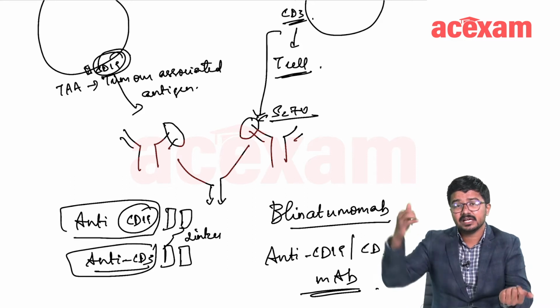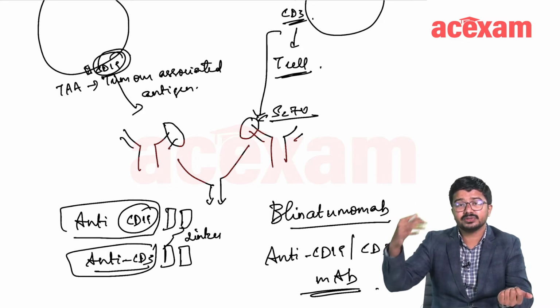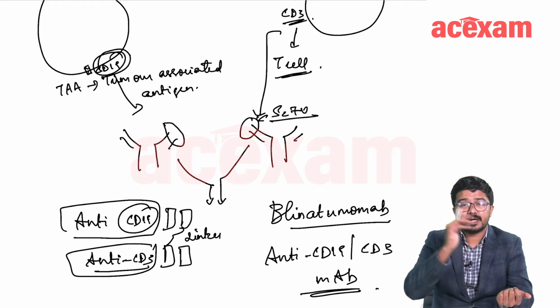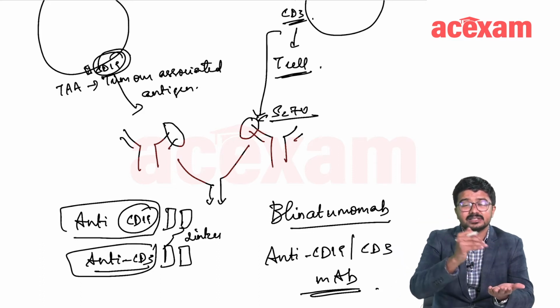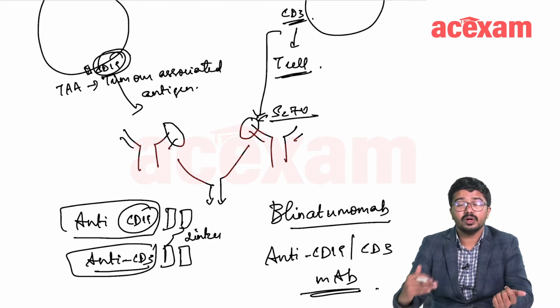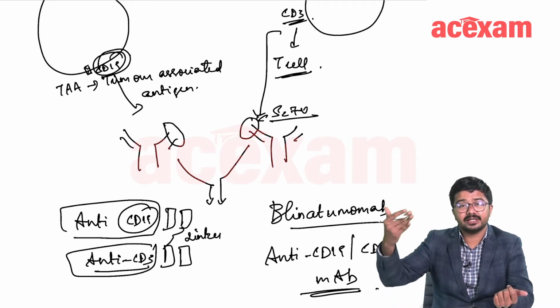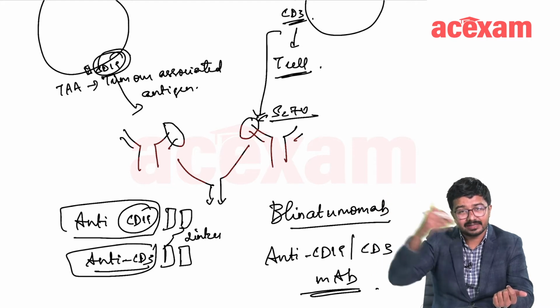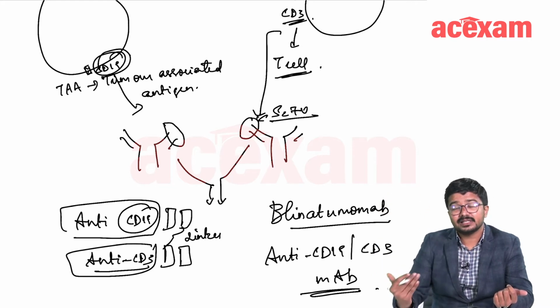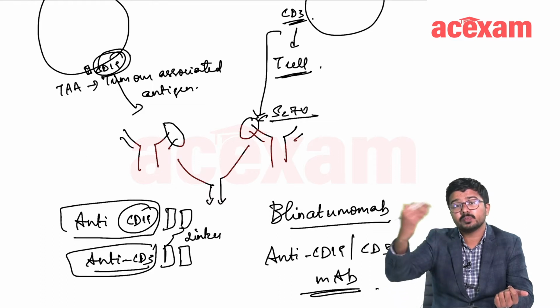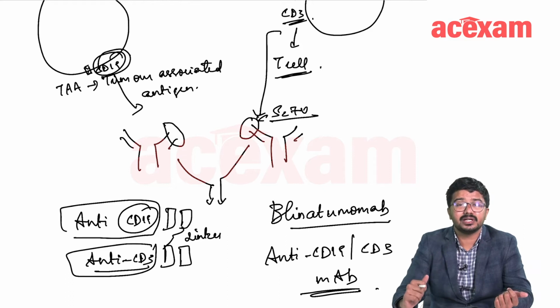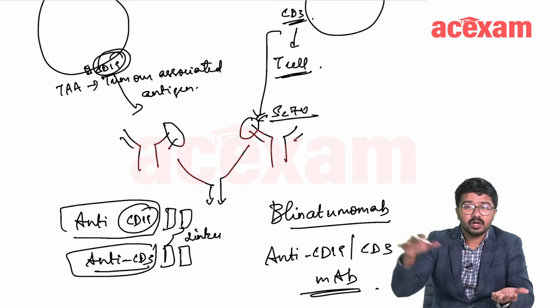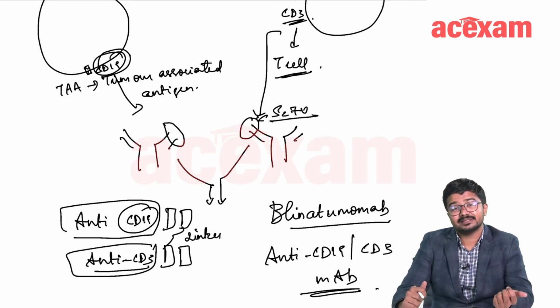That basically means the T cell will then be producing perforin and granzyme by which these cancer cells will get killed. Also the T cell will proliferate, by which its army of T cells will get larger and that will again kill it. And thirdly, the T cells will also produce inflammatory cytokines by which other cells also will be coming into the scenario, and all of them will together kill the cancerous cell.